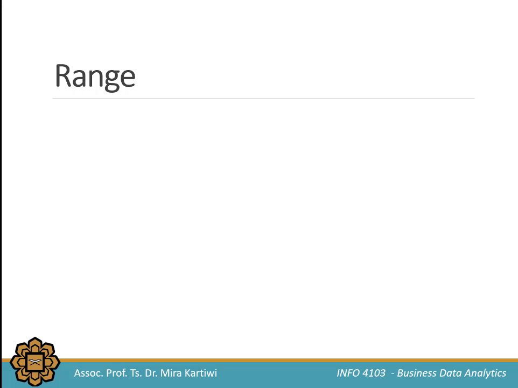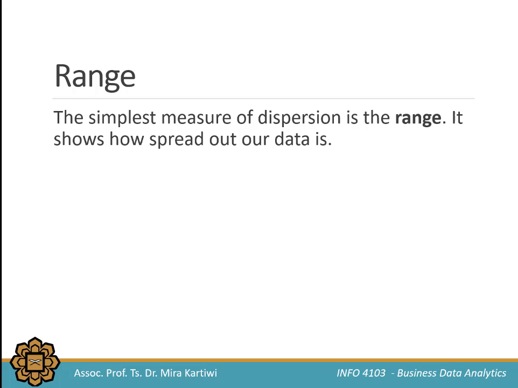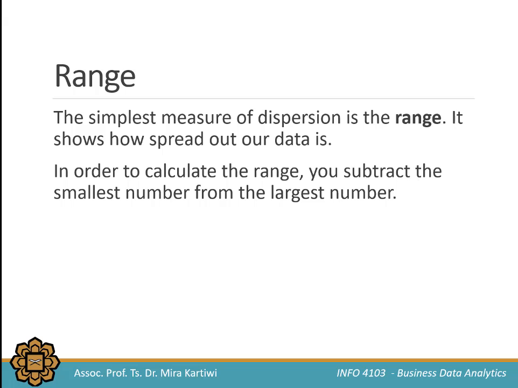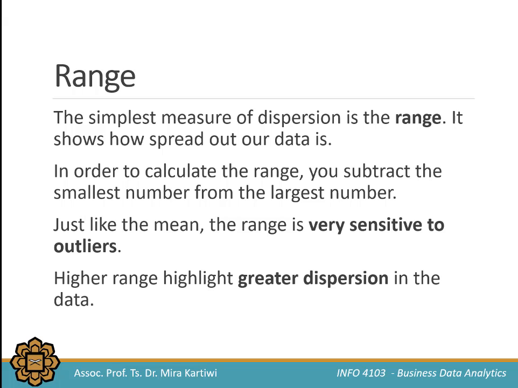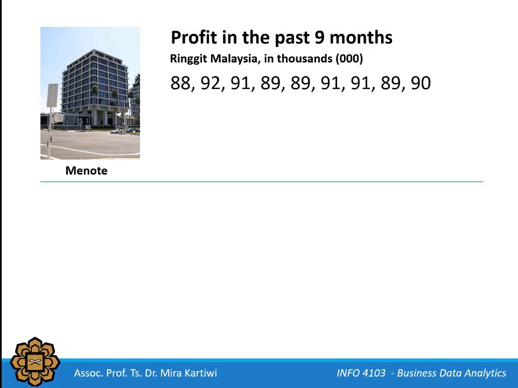First, let's have a look at how we can use the dispersion using the range. Range is the simplest measure of dispersion, and it shows how spread out our data is. In order to calculate the range, you subtract the smallest number from the largest number. Just like the mean, the range is very sensitive to outliers. The higher the range, the greater the dispersion in our data.